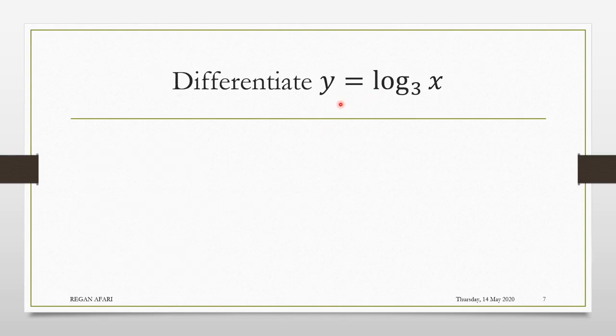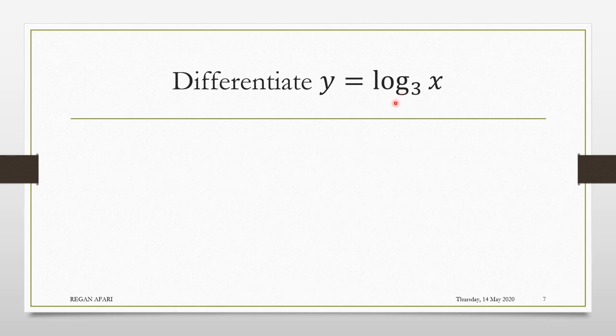Now we have y is equal to log x to the base 3, and our job is to differentiate this. This is what you should do. You change the base. Let the base become e.